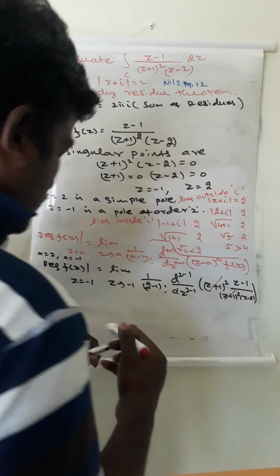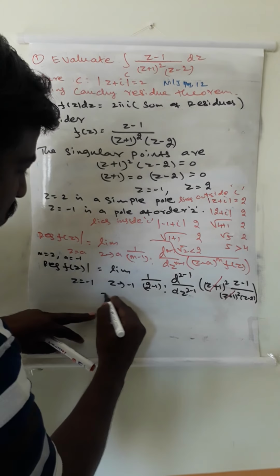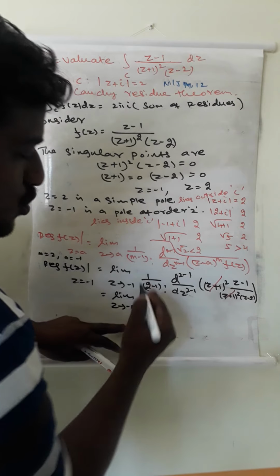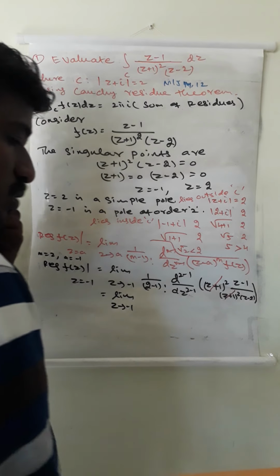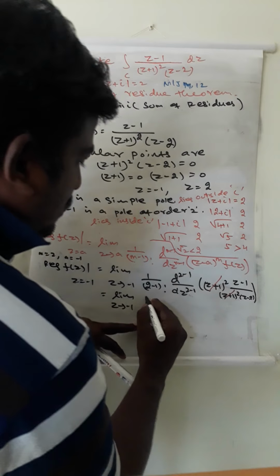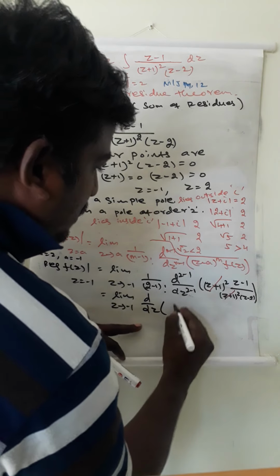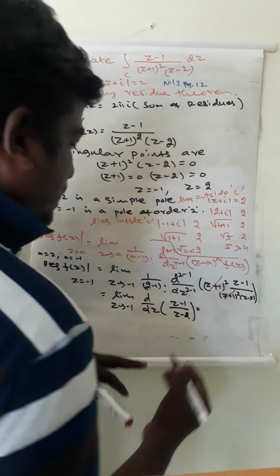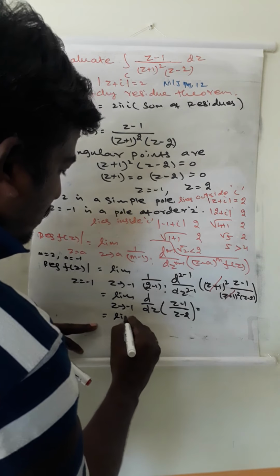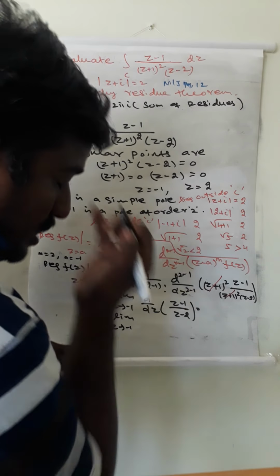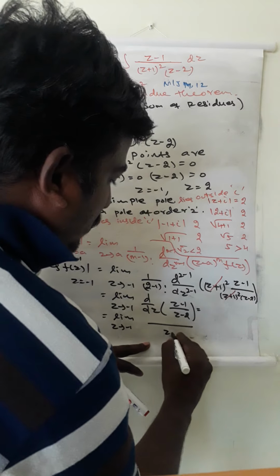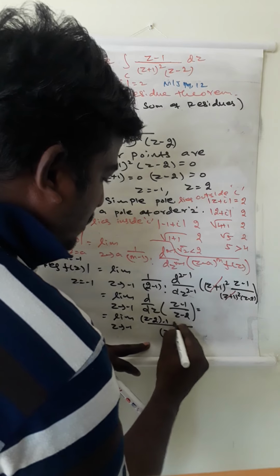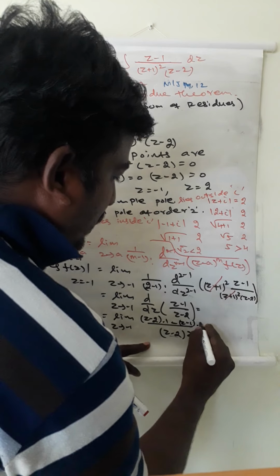This will cancel. So limit z tends to minus 1, 1 factorial becomes 1, so this is d by dz of (z minus 1) by (z minus 2). Just apply u by v: v into u dash minus u into v dash, divided by v square.